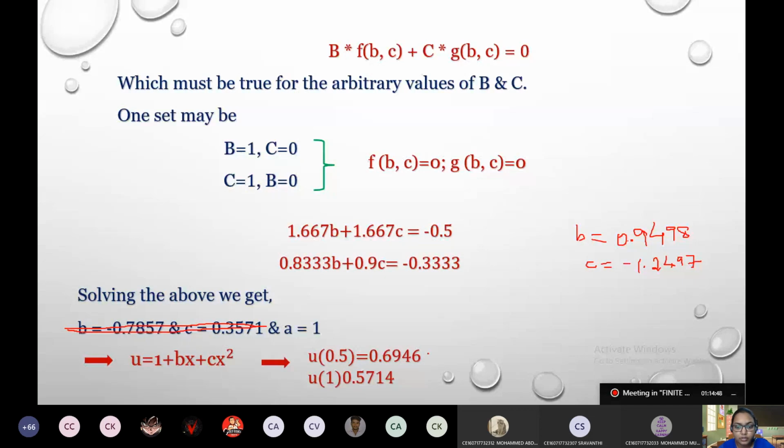Now these two values I have written are based on my B and C. Whatever answers you have got for B and C, depending upon that, please write down the answers for U of 0.5 and U of 1.